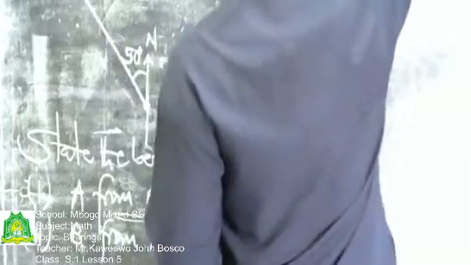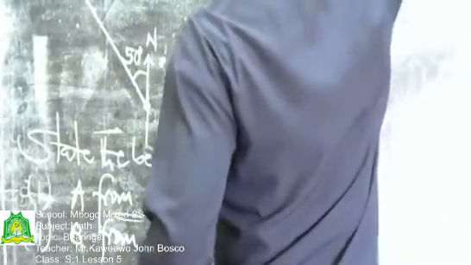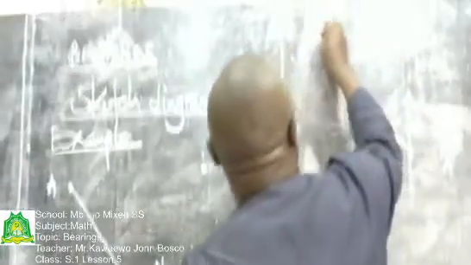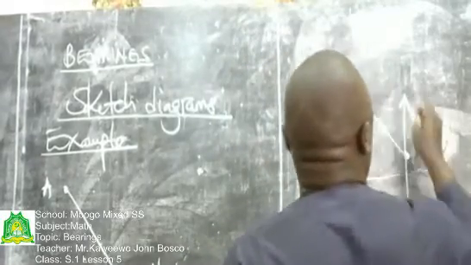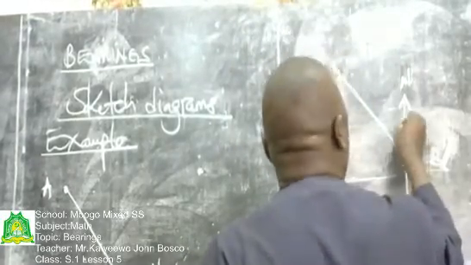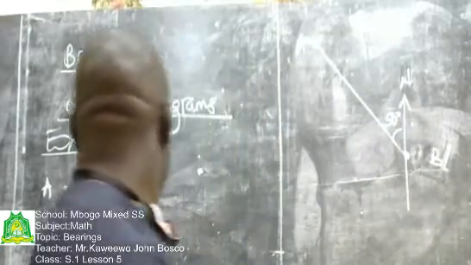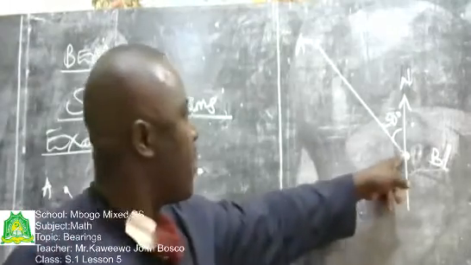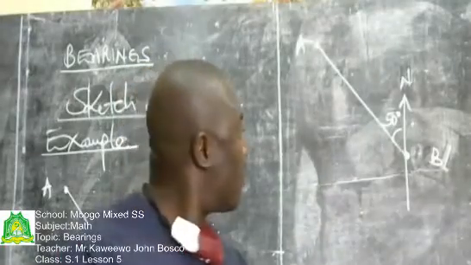To get the solution, we shall now draw. From B, the angle is going to be measured from B, and this should be measured in a strictly clockwise direction.